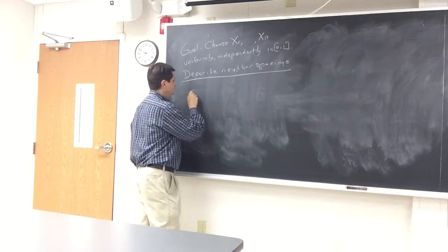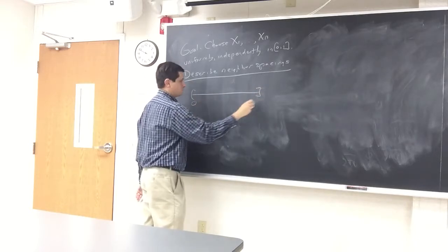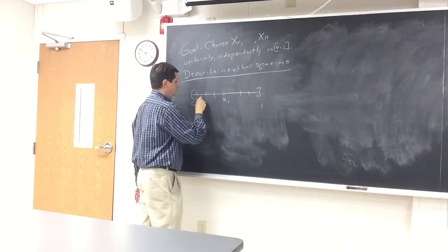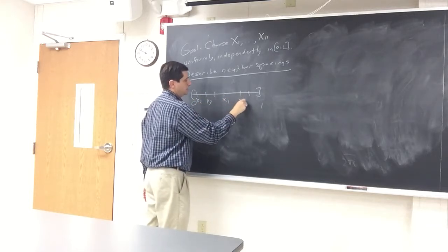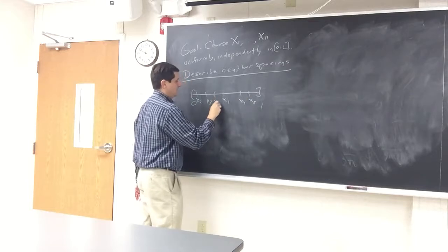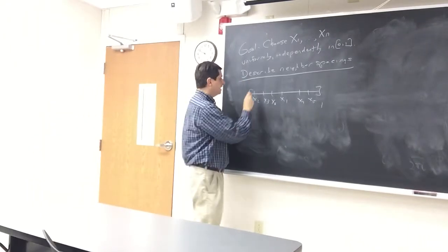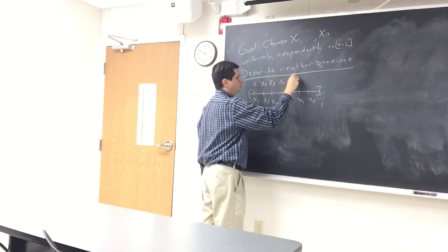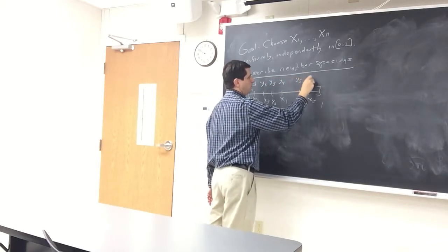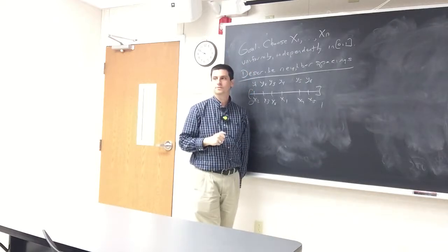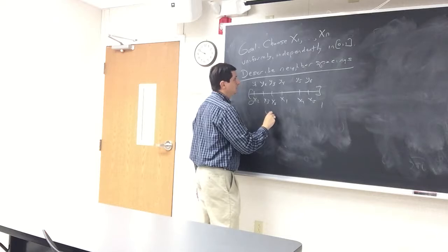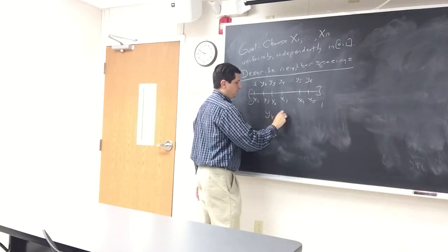So I have my interval [0, 1], and maybe x1, x2, x3, x4, x5, x6. And I can relabel them y1, y2, y3, y4, y5, y6, so that they're in increasing order. And I can look at the spacings, y_{k+1} minus y_k.